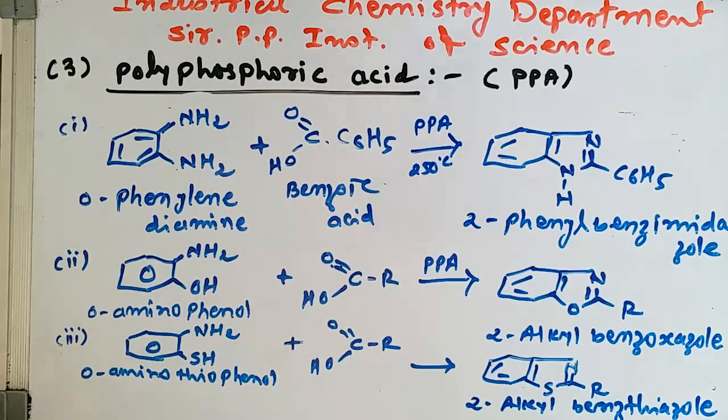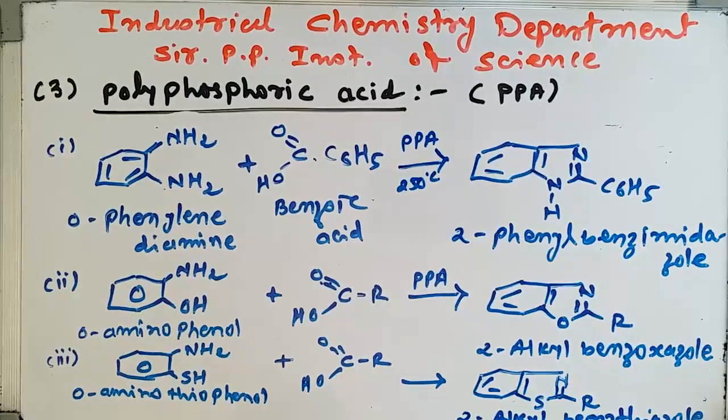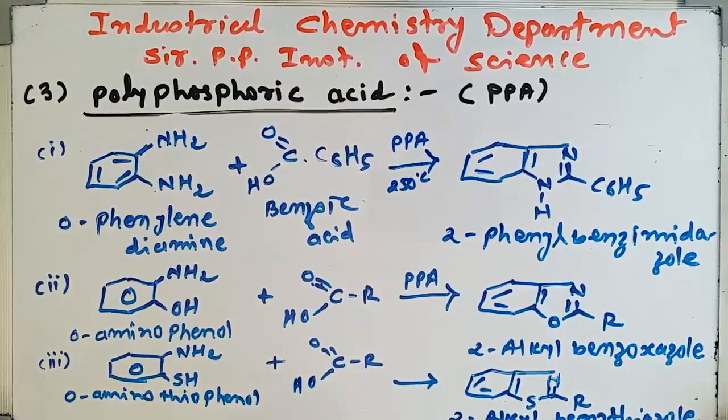So for synthesis of 2-substituted heterocyclic compounds, polyphosphoric acid is also a good reagent. Now we see other examples for better knowledge.